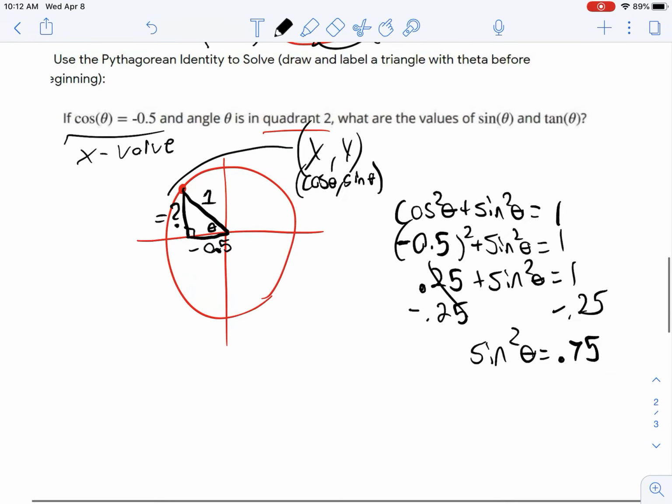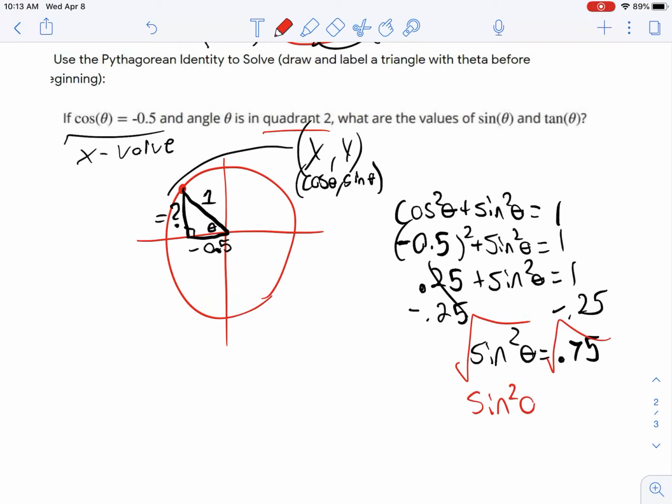Okay? And then from this, all we have to do is take the square root of each side. And we're going to get sine of theta equals, and then we just have to take the square root of 0.75.